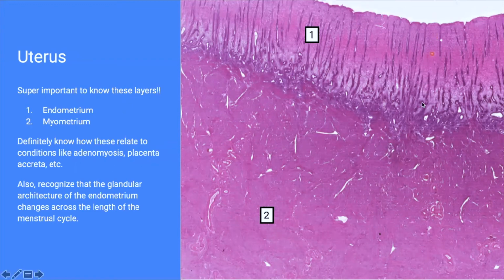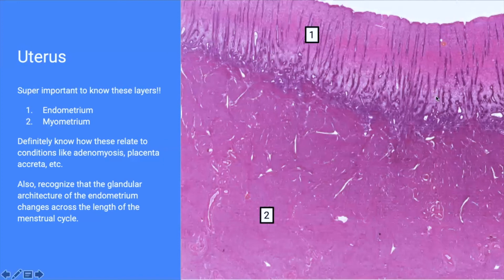So up here, this developing layer here is going to be our endometrium. So this is the layer that's responsive to a woman's menstrual cycle. And then deeper down, we have a myometrium, or a muscular layer of the uterus. And this is going to be responsive to signals to contract in terms of delivering a pregnancy.